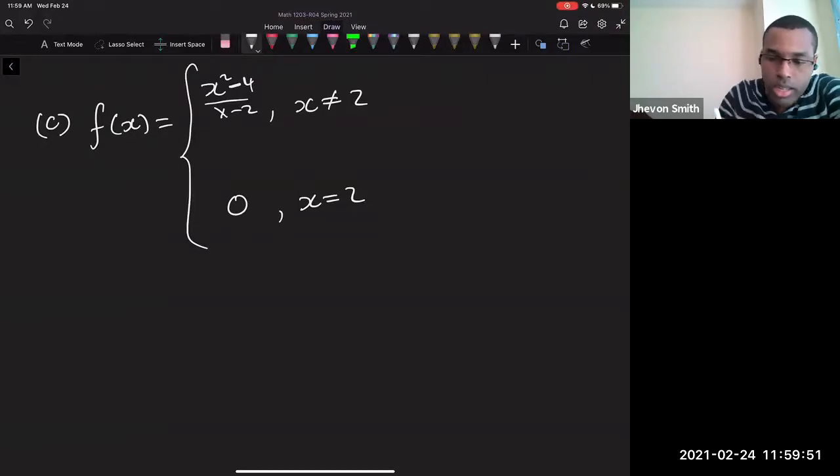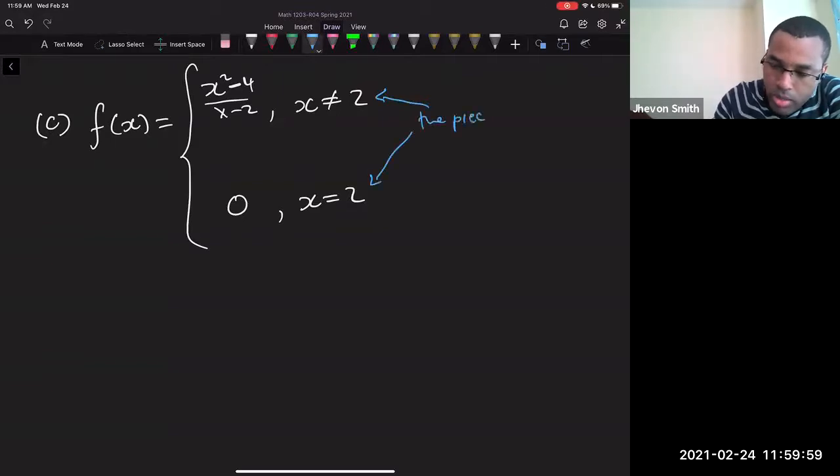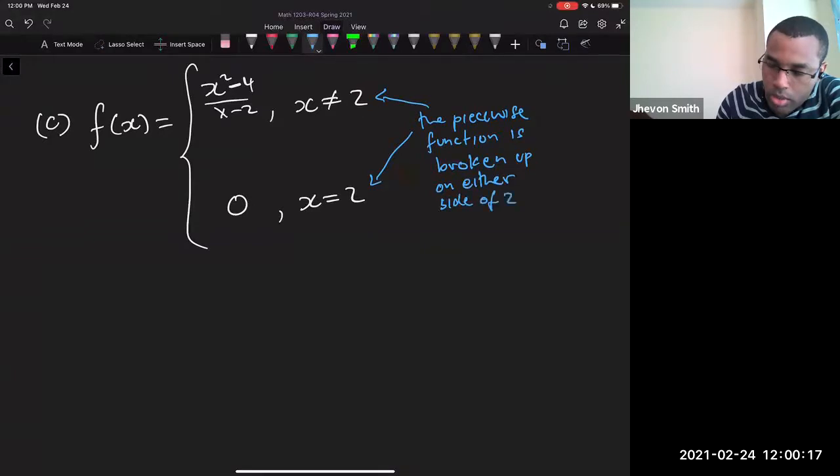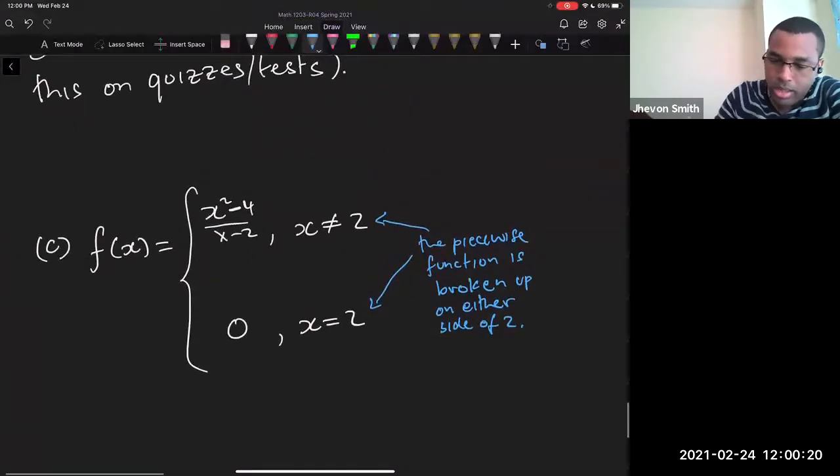So clearly, you would see here the piecewise function is broken up on either side of 2. Okay, so that's what you're going to notice. This is in blue what we notice but don't write.